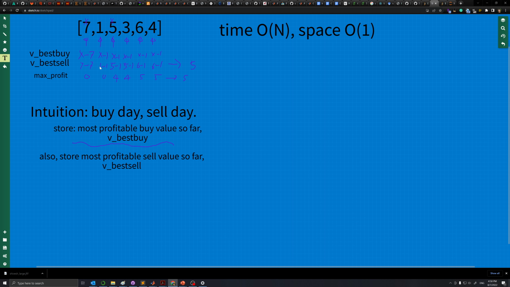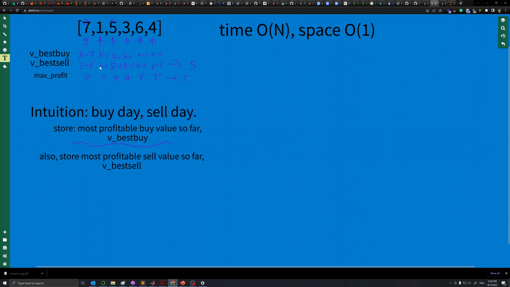So the second step is the crucial step that we need to get across. In step 1, of course, our best buy value is just this 7. Our best sell value is also this 7, so the max profit is 0. On the second step, our best buy value suddenly drops to 1, which is great. Price drops from 7 to 1, and it's a great bargain.